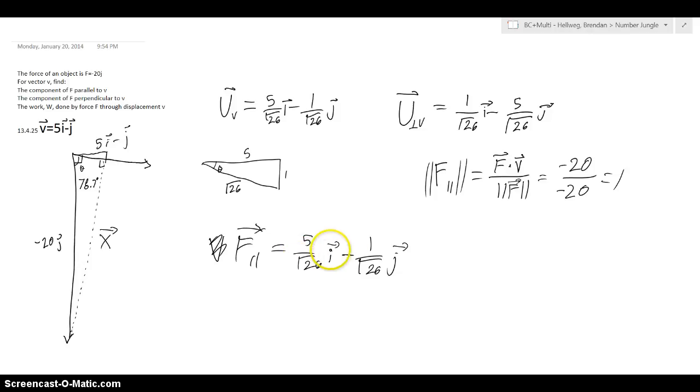And that brings us to the perpendicular vector, which will be slightly more complicated.